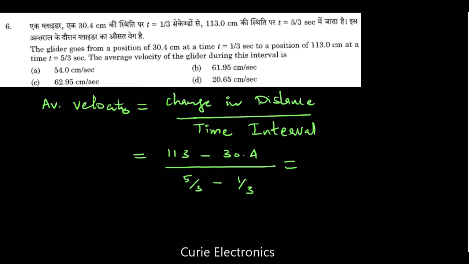So if we simplify this, it comes to 113 minus 30.4, which is 82.6, upon 4/3. And if you simplify this, you will get 61.95 centimeter. Answer is option B.